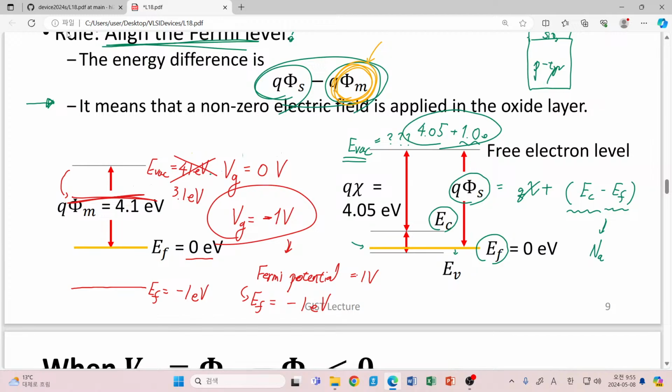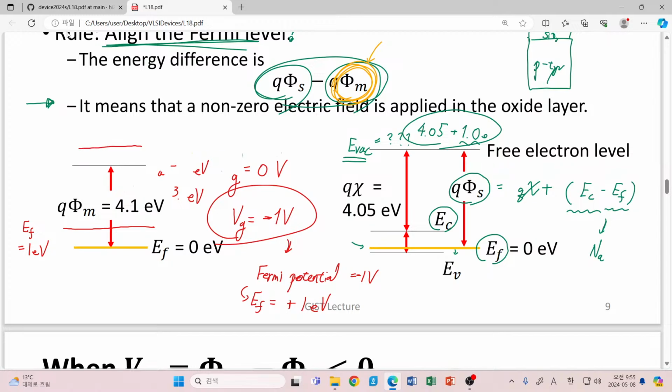Our Fermi potential becomes -1 volt, and it corresponds to our Fermi level now at positive 1 eV. So now we have a new Fermi level at 1 electron volt, and also the vacuum level is increased upward. Yes, now our vacuum level becomes its original work function plus an additional 1 eV originating from this number.